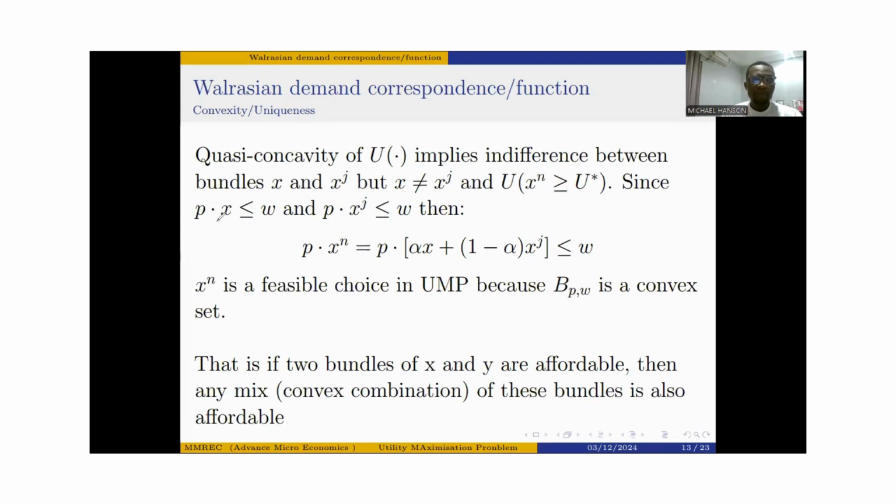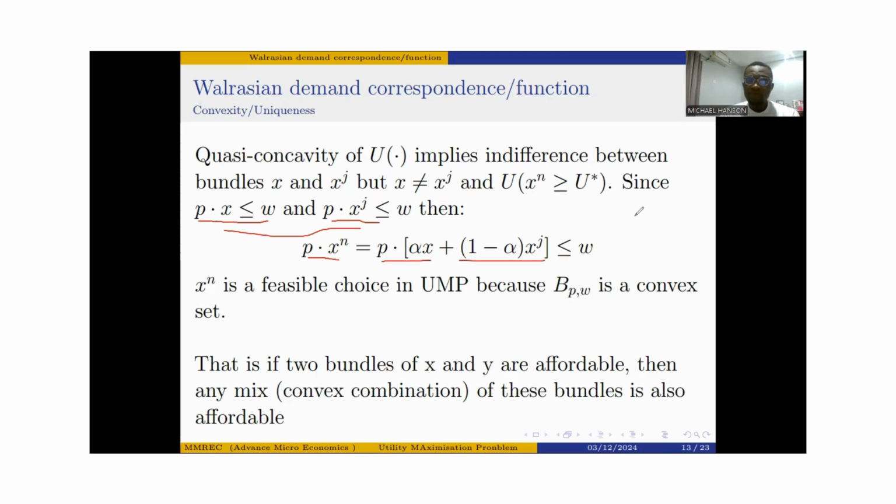Assume the initial bundle is less than your wealth. So there's excess. Then another expenditure on a new bundle is also less than your wealth. So it means both bundles are affordable to you. Now, if both bundles are affordable, then to consume all your wealth, you can also spend part of the first and a portion of the second.